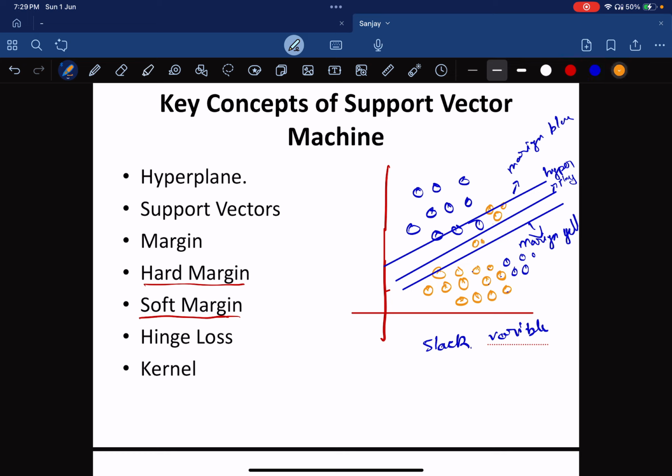The slack variables are in the range of 0 to 1. If some data points are misclassified, for example, the blue class placed in the yellow class, then the slack variables are above 1. If the data points are correctly placed in the class, then the slack variable is 0.